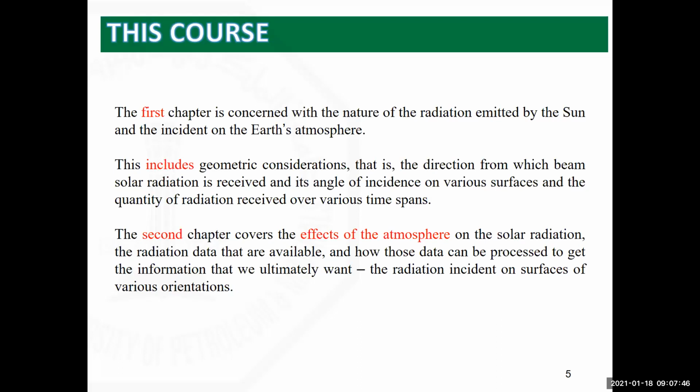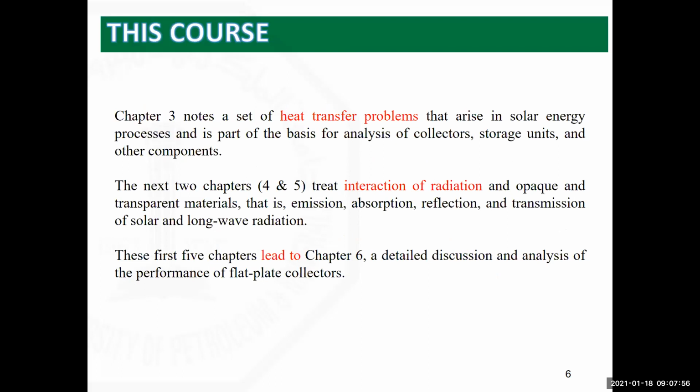The second chapter is talking about the effect of the atmosphere on solar radiation and radiation incident on surfaces of various orientations accordingly. Chapter 3 is related to heat transfer basics that are related to solar radiation. Chapters 4 and 5 are talking about the interaction of radiation with opaque and transparent materials.